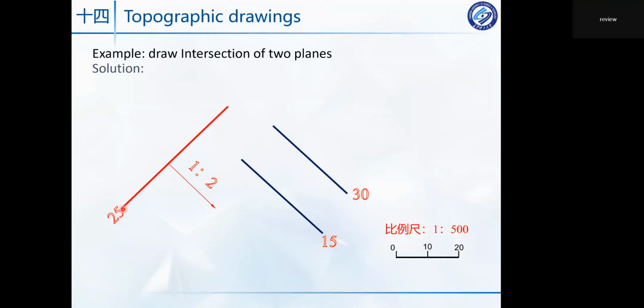So this line and this slope represent a plane, and these two parallel contour lines also represent another plane. So how to find the intersection line?